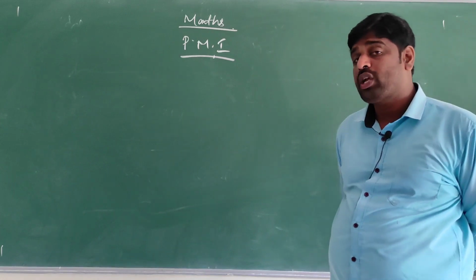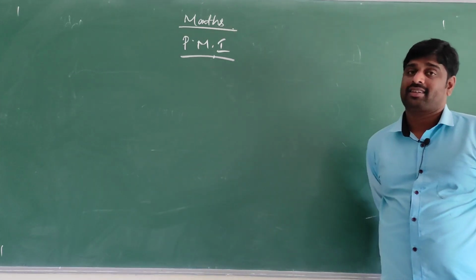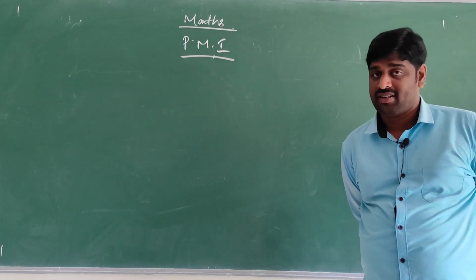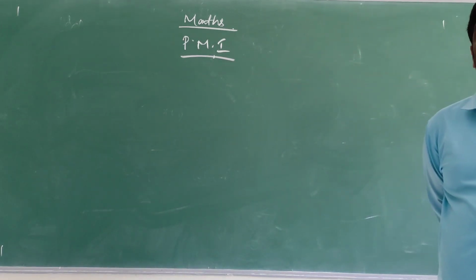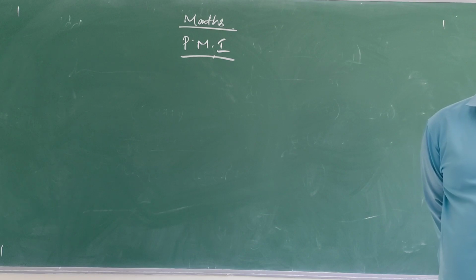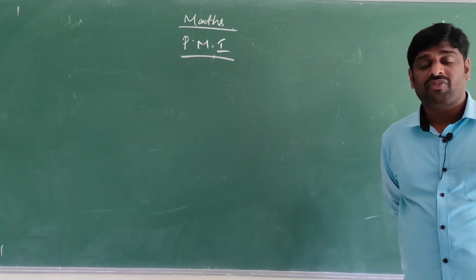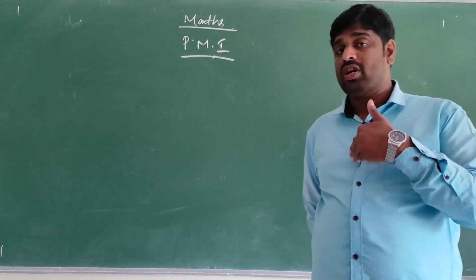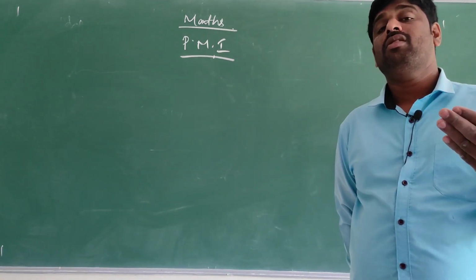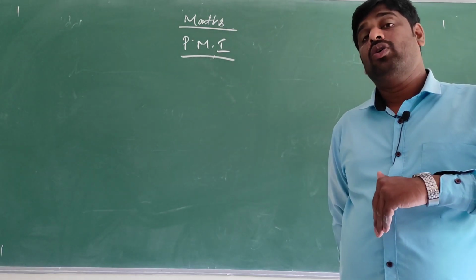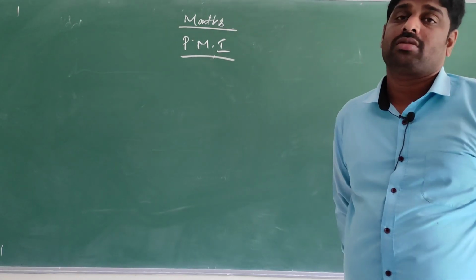Here there are two types of reasoning, that is induction and deduction. Inductive reasoning and deductive reasoning. Deductive reasoning means for any concept, first you tell the statement and then you give examples.